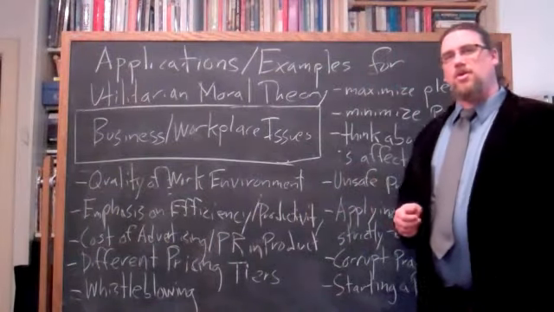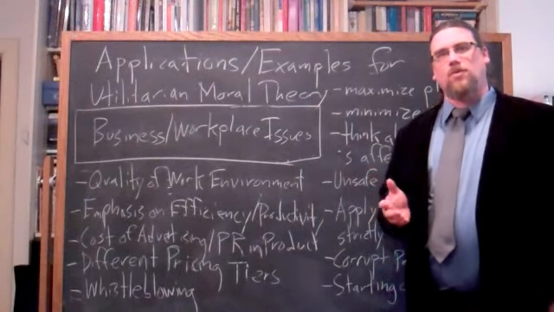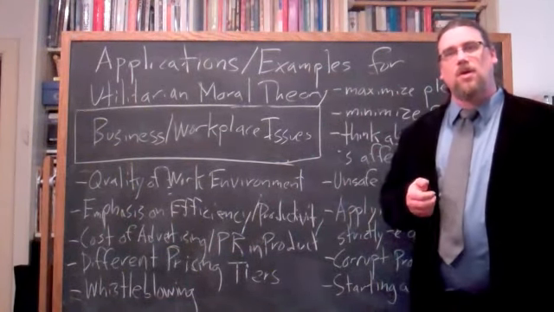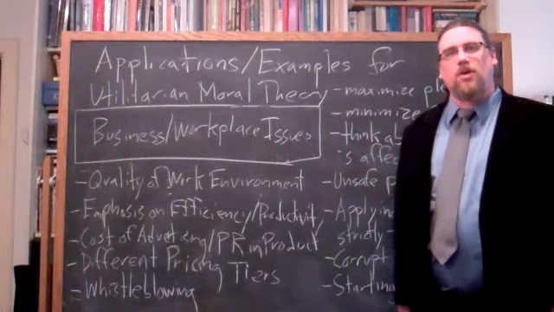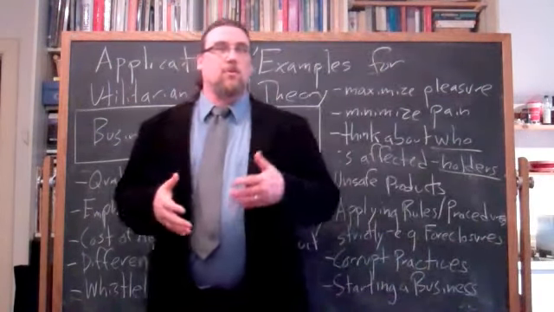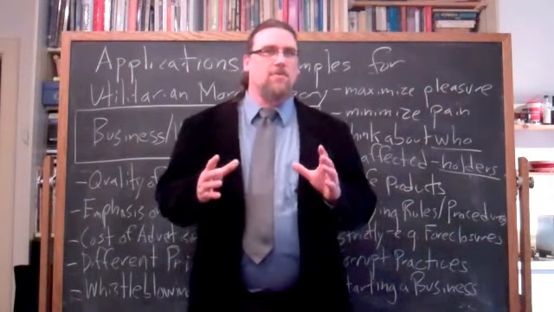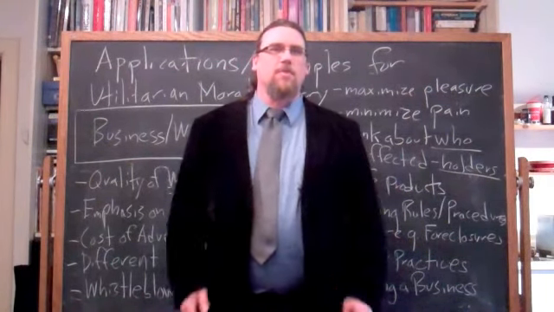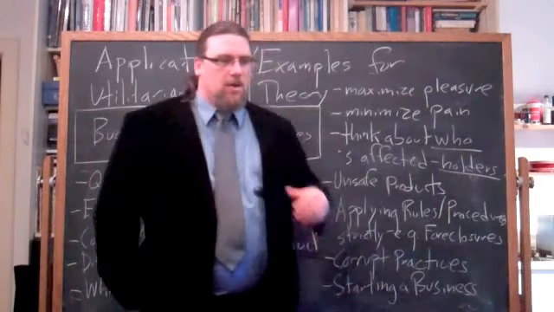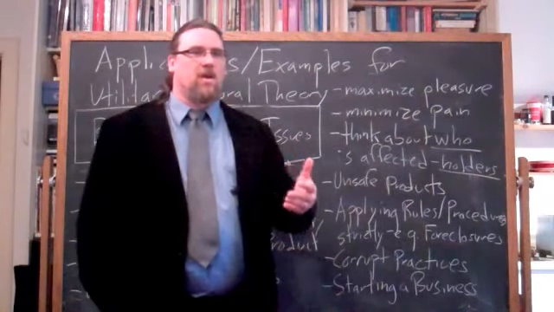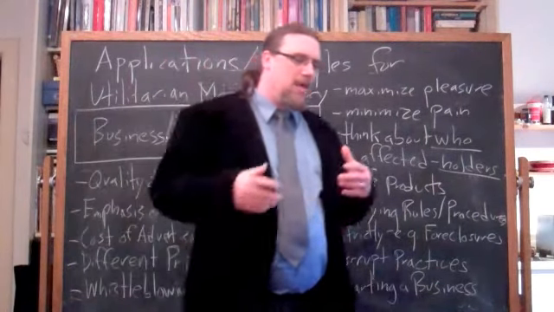When looking at applications or examples for utilitarian moral theory, one of the areas that comes up quite often is business and workplace issues. If you were to look at business ethics texts or similar texts, you would often find discussions of utilitarianism as a moral theory, in part because it's an approach to thinking about moral matters that makes a lot of sense within these contexts.